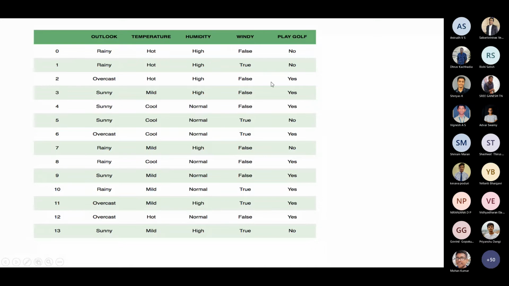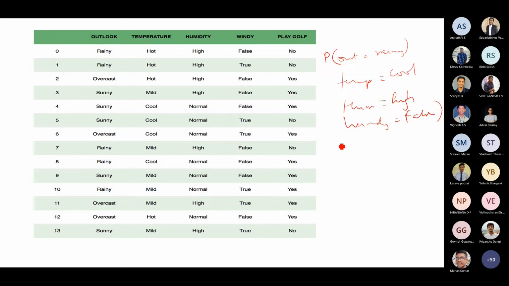You have to construct the model, and finally classify the scenario where outlook is rainy, temperature is cool, humidity is high, and windy is false. You have to classify whether this person will play golf or not.